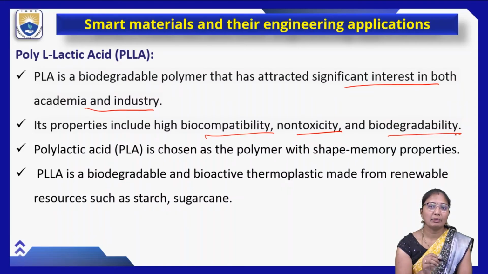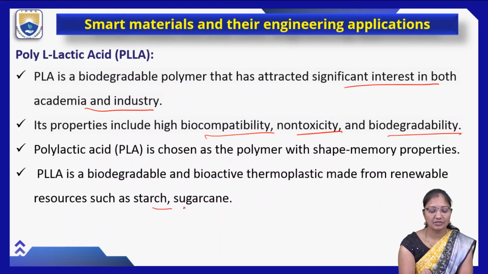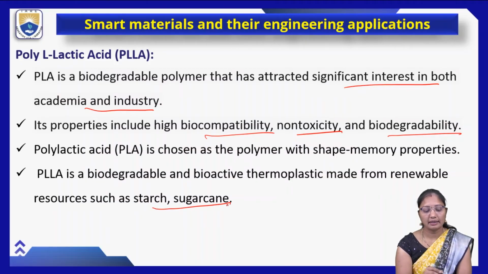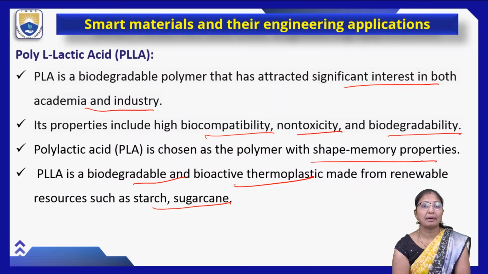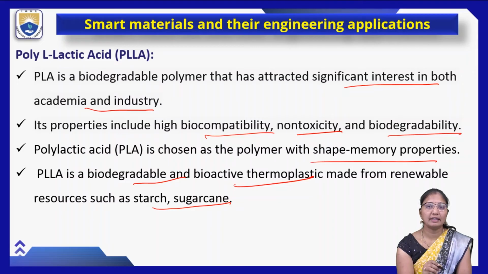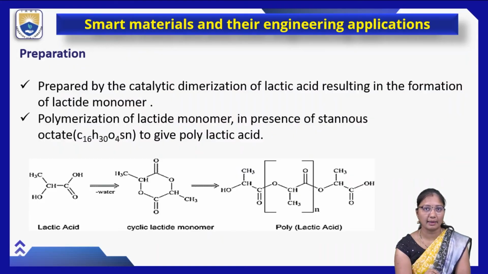It is a renewable source, obtained from starch and sugarcane, and it is a biodegradable and bioactive thermoplastic. Polylactic acid is chosen as a polymer with shape memory properties. So under shape memory materials, we are going to discuss polylactic acid as an example.